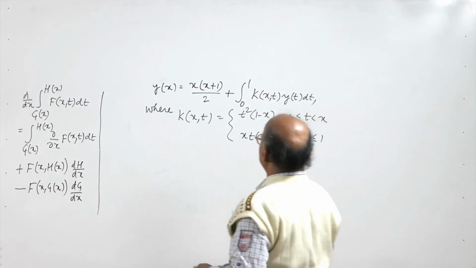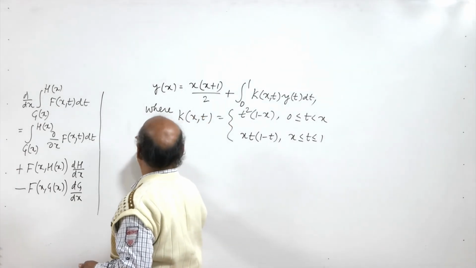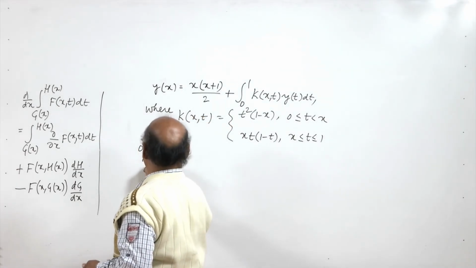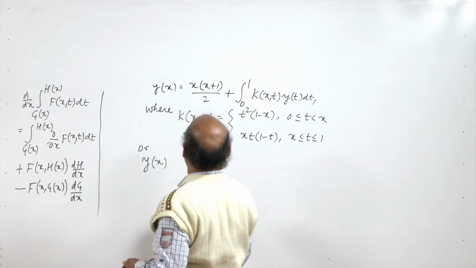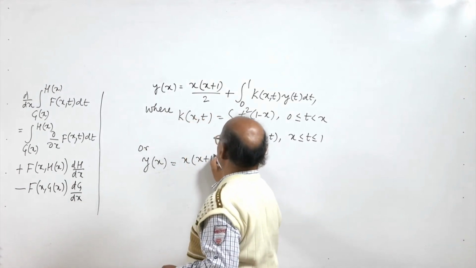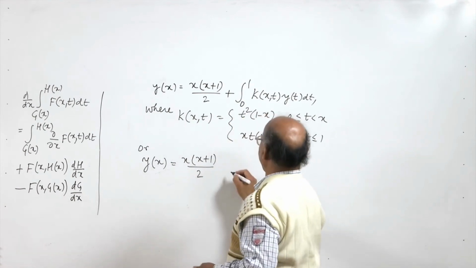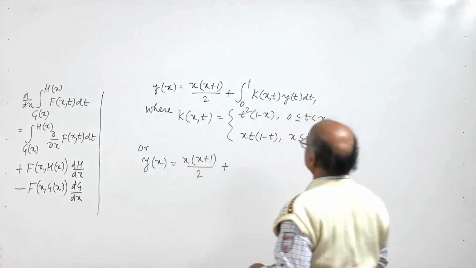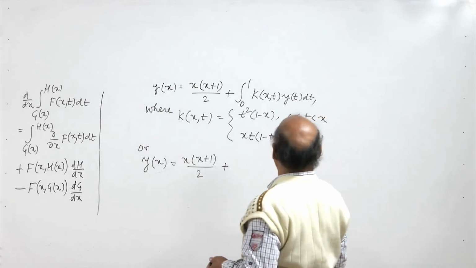Okay, so the integral equation can be written as, let us substitute the value of K(x,t): x into (x plus 1) by 2 plus, we break the interval 0 to 1 into two parts, 0 to x and x to 1.